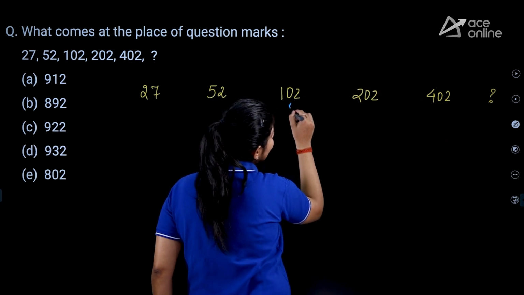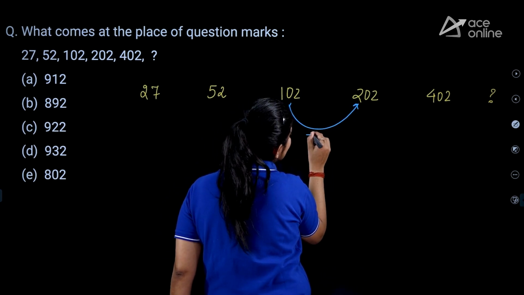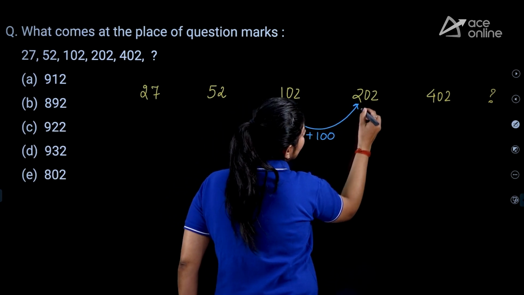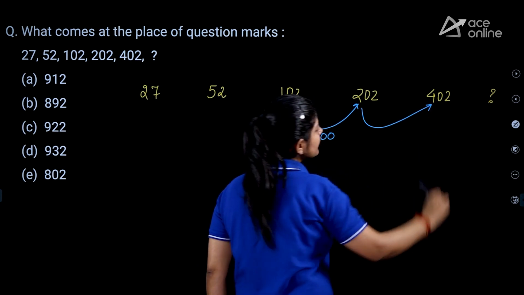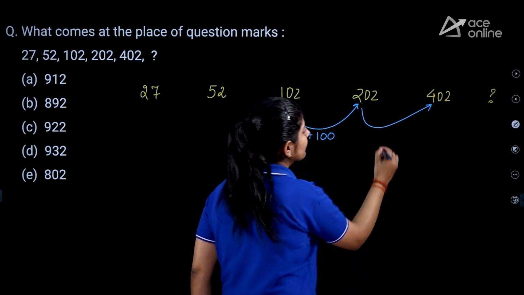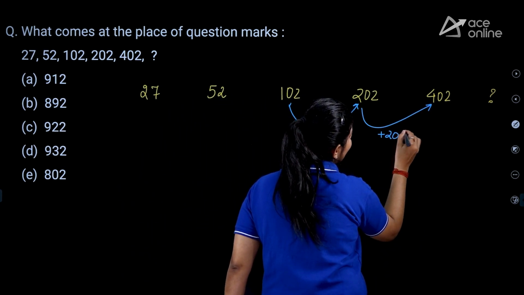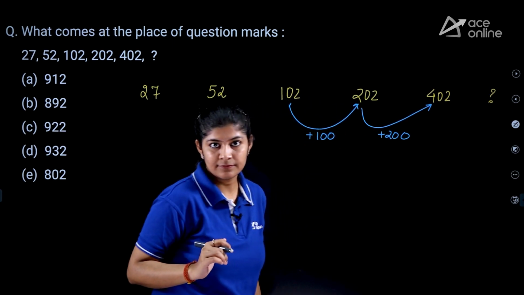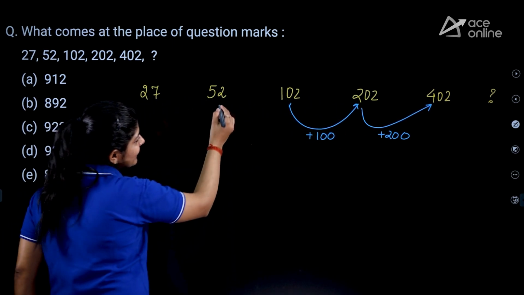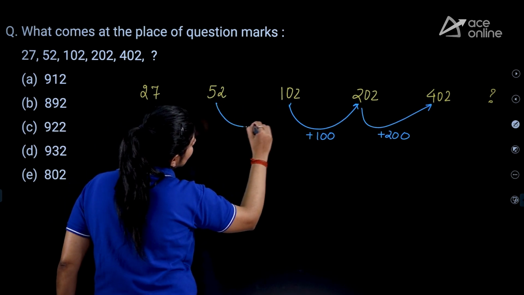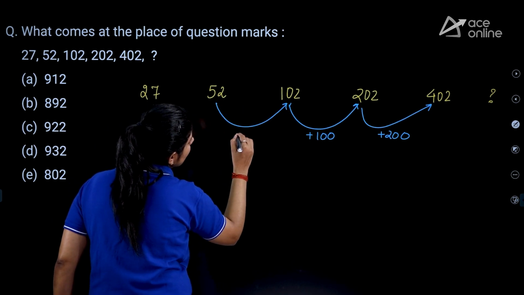Here I can say that the difference between the terms is plus 100. Here I can easily say that the difference between the terms is plus 200. That means exactly double.